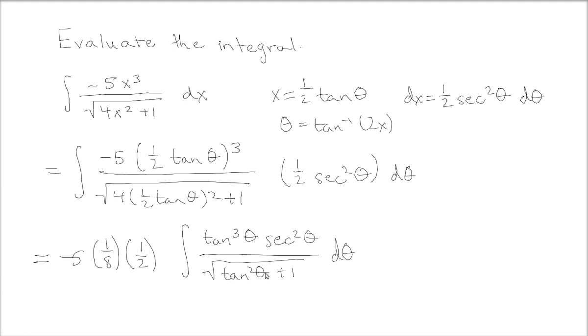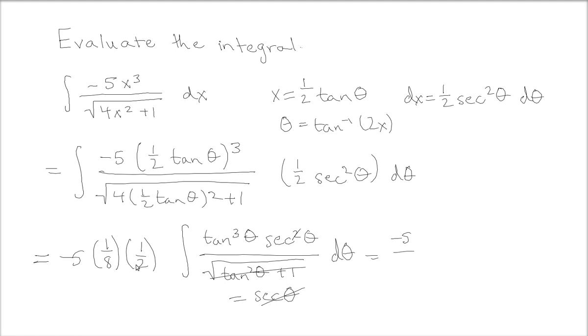Now we're going to use a trig identity here. Tangent squared theta plus 1 is equal to secant squared theta. So if I take the square root of that, then the bottom here is just equal to secant theta. And then I can cancel this with one of the secants on top. So that gets rid of that squared. And I'm left with negative 5.